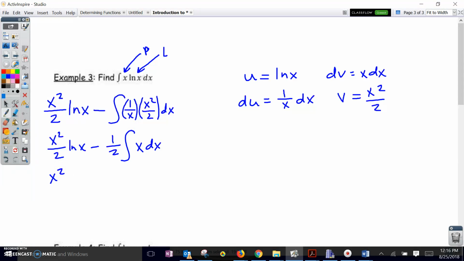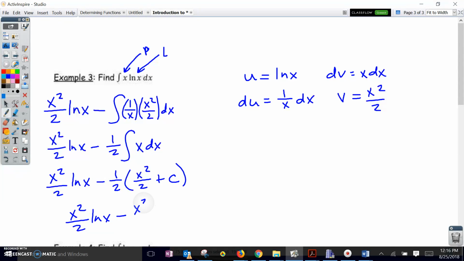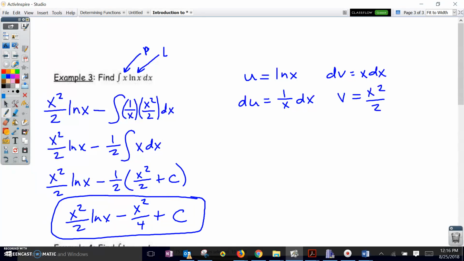And I integrate that. And I simplify. And there is the integral of x log of x. All right, on to example 4.